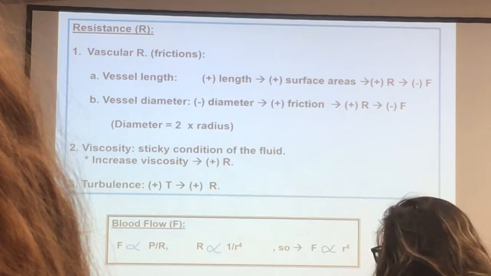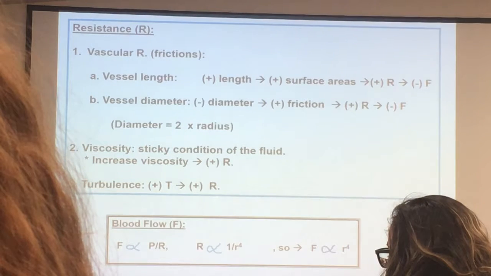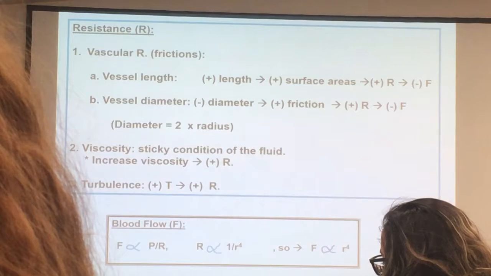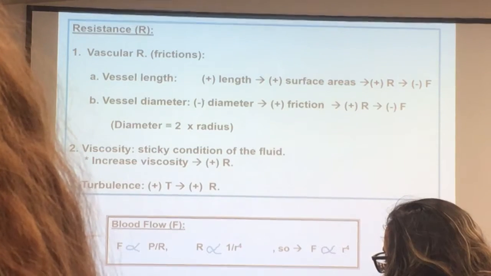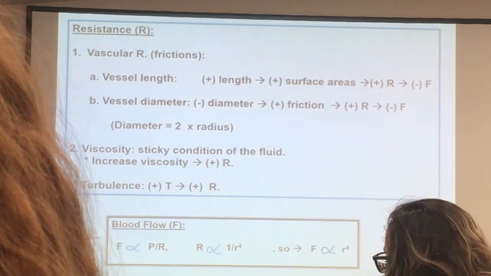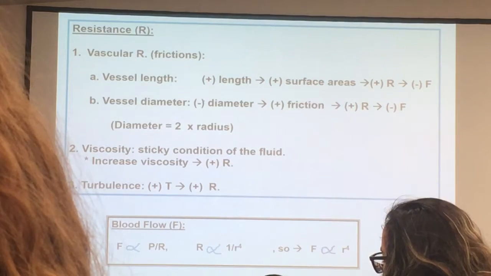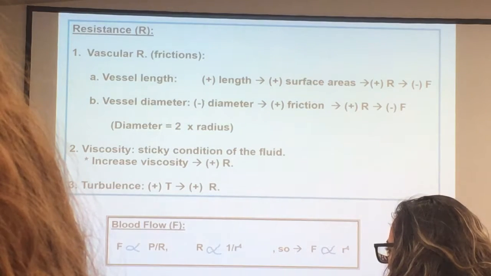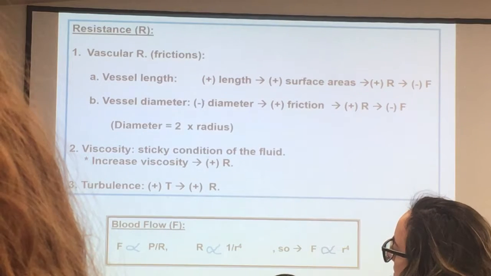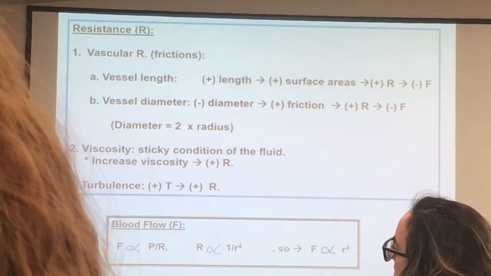The first one I asked you is about flow. You just put something simple like that, proportional, P on top, R on the bottom, and sometimes you just memorize it like that. Easy for you. In the test question 1, if the pressure increases 2 times, how about the flow?